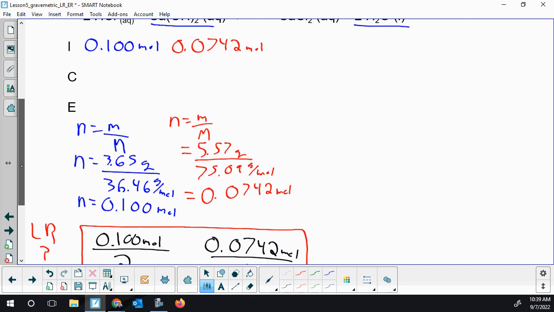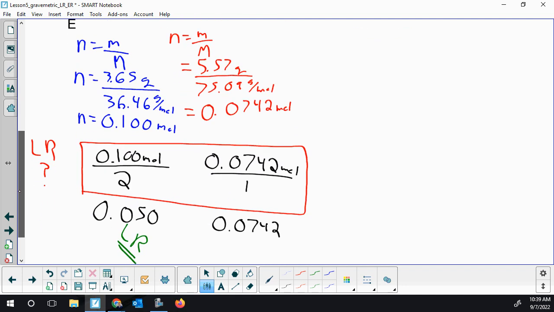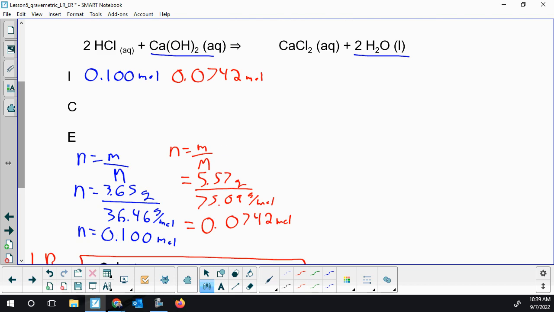So by dividing by the coefficient, looking at that ratio, we can figure out what our limiting reagent is. It's the HCl that's going to run out. All of this tenth is going to go.